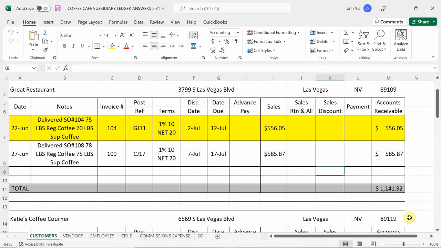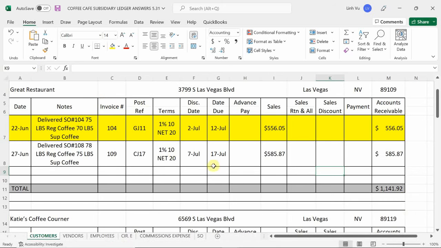And what does 556.05 include? It includes a delivery charge. Can we discount delivery charges? No. So we need to subtract $30 from it. Yes, if you know that the delivery charge was $30.